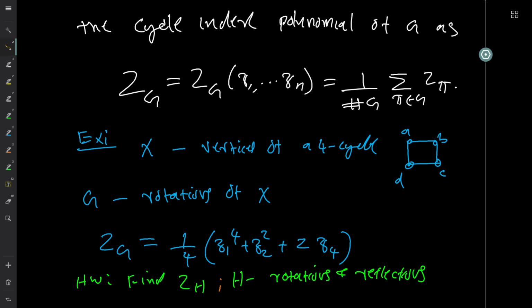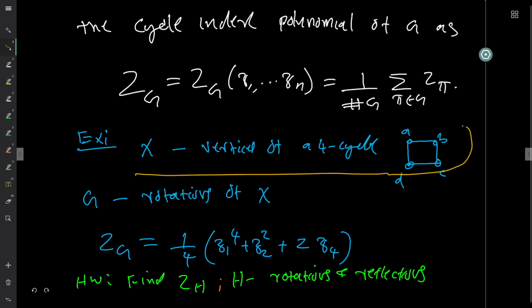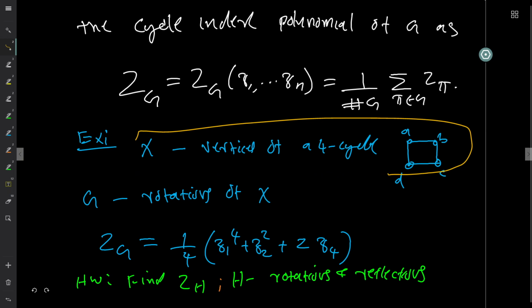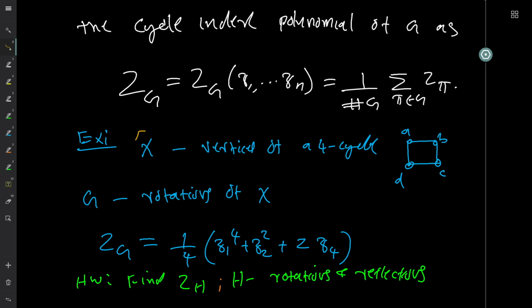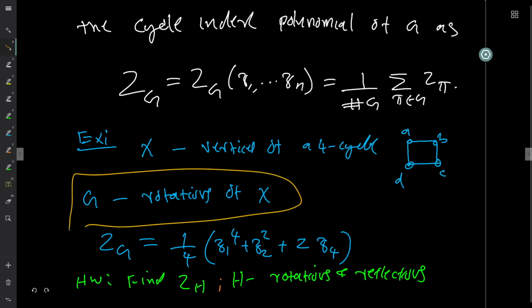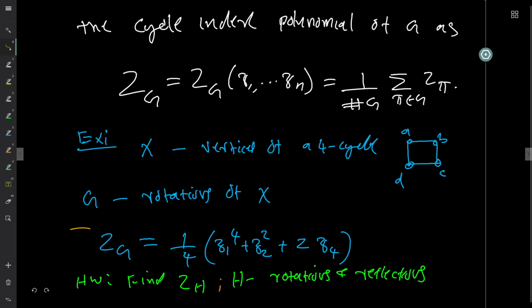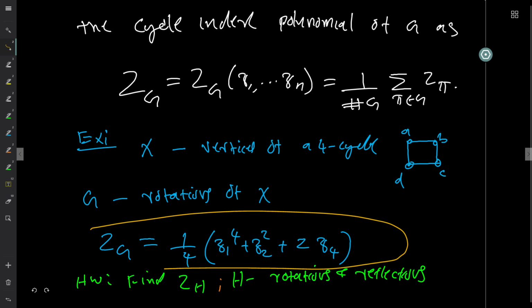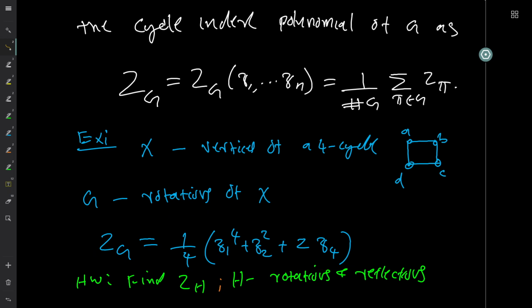As an example, let's say that we have the 4-cycle X with the vertices A, B, C, D, and look at the group of rotations of the cycle. What is the cycle index polynomial? Z_G is 1 by the order of G, which is 4. Now z1 raised to 4, because the identity has exactly 4 cycles.